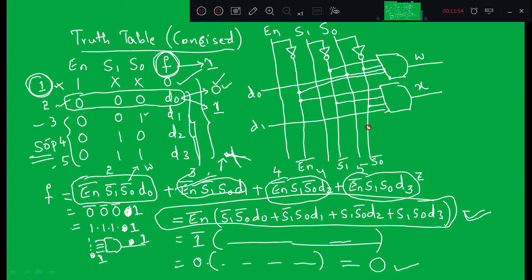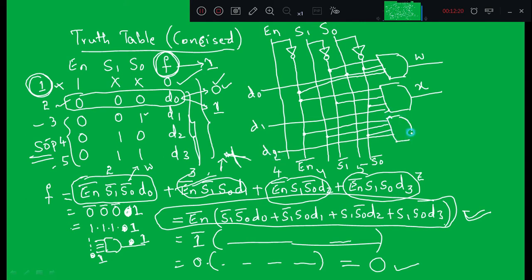Similarly, Y and Z are obtained. That is enable bar again, then S1 and S0 bar, and the fourth input is D2, right?